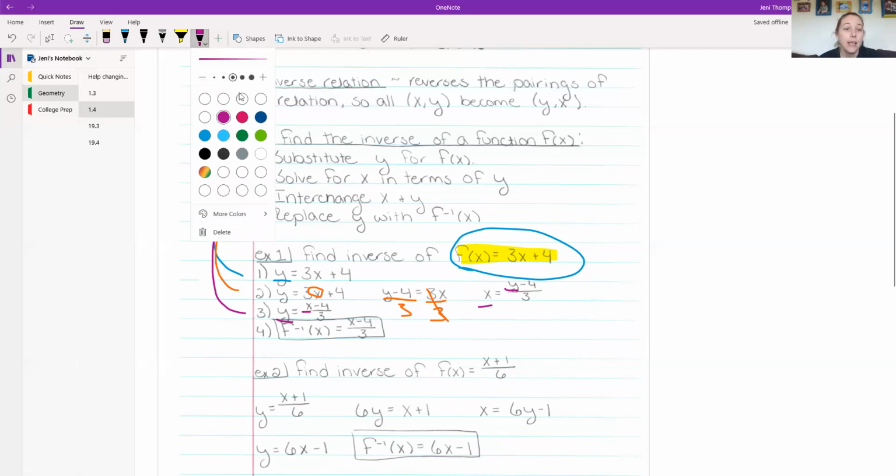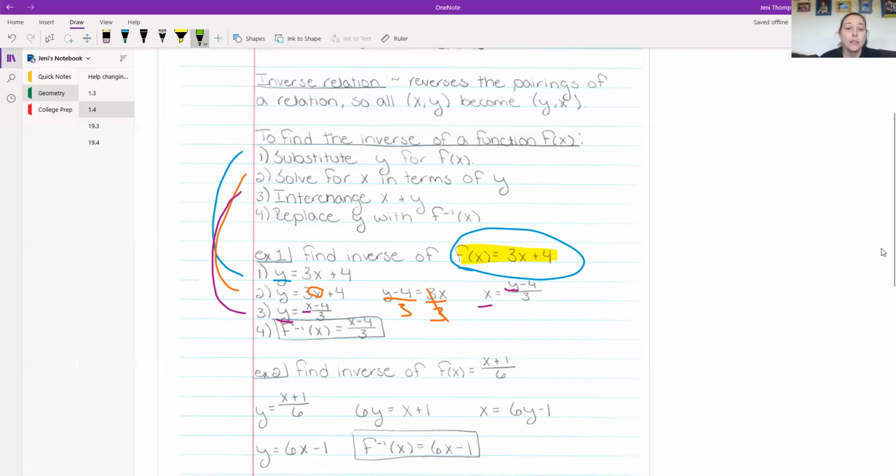And then finally, my last step, I need to replace that y with inverse of x. So here's my final answer. I just replace my y with f negative 1 of x equals (x minus 4) over 3. Boom, we did it. We found the inverse of this function.